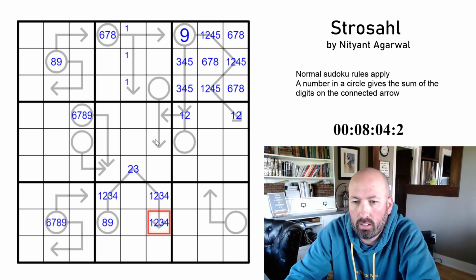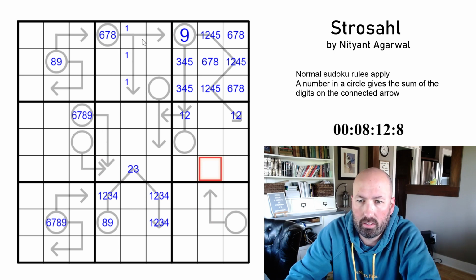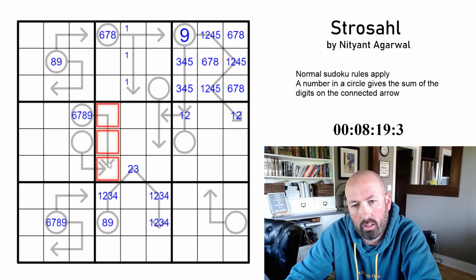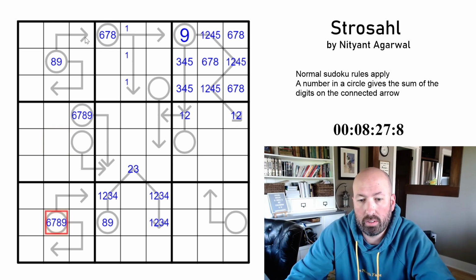Okay. What else can we do? I feel like these 2-cell arrows have way too many options, so that's not going to be the place to look. It's a 1. Okay. Well, down here is going to be the same, right, as this one?